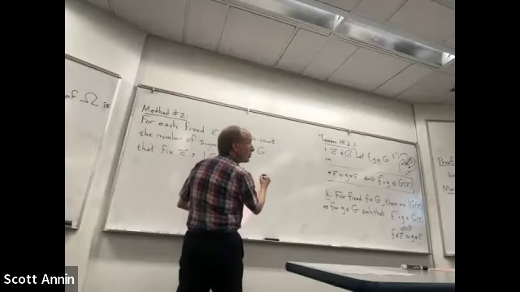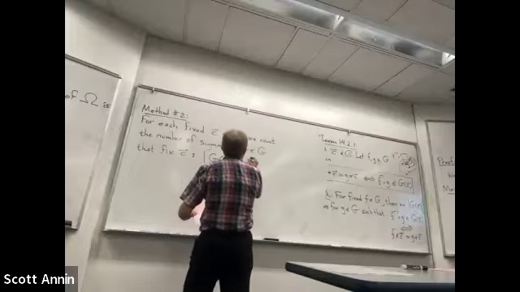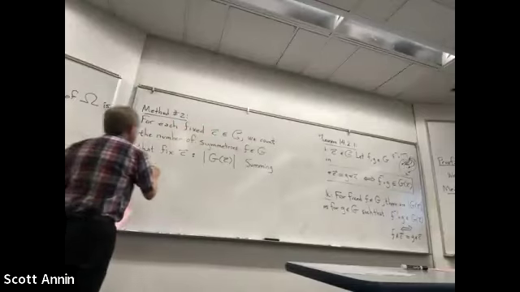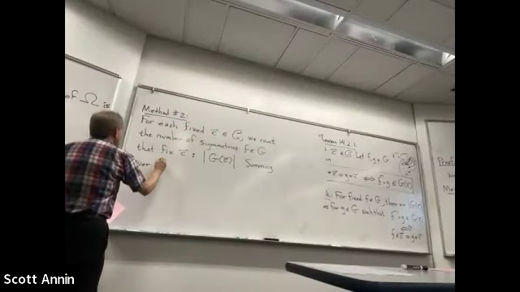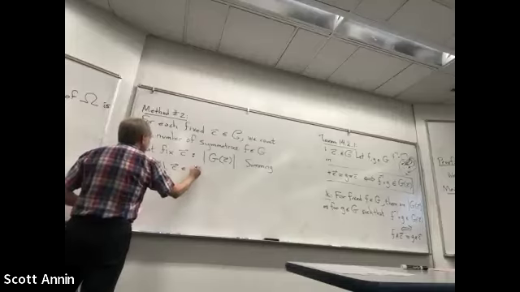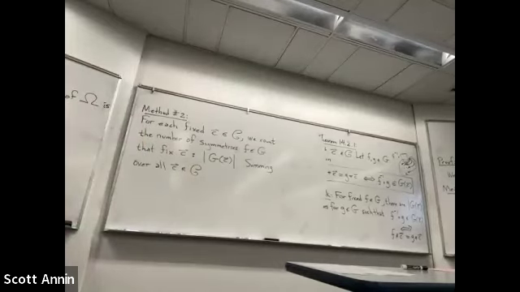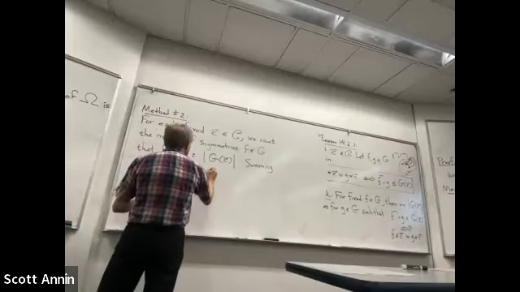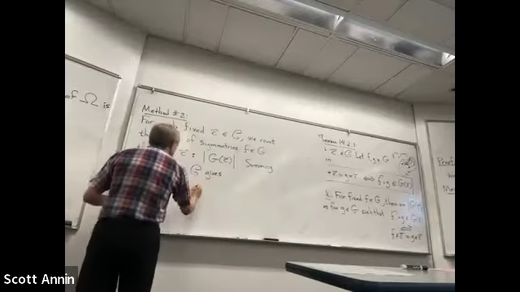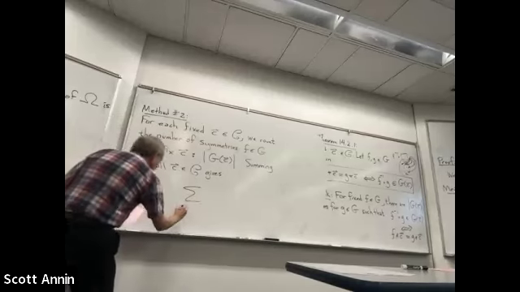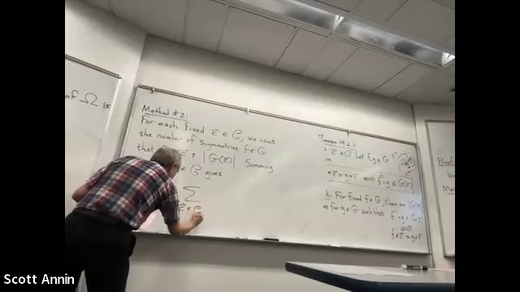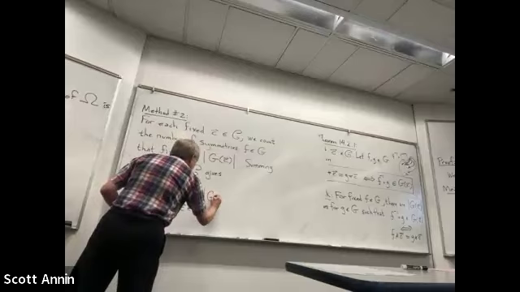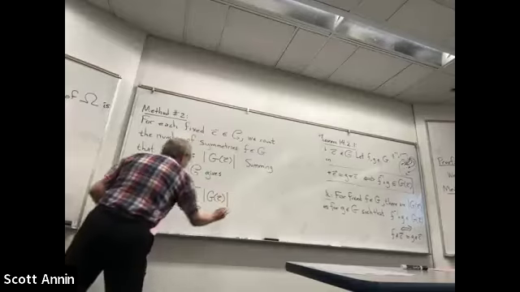So let's just try to get the language exactly the same. Summing over all colorings C in script C gives the summation, this time where C is in the set of colorings, of the sizes of the stabilizers of all of those colorings.